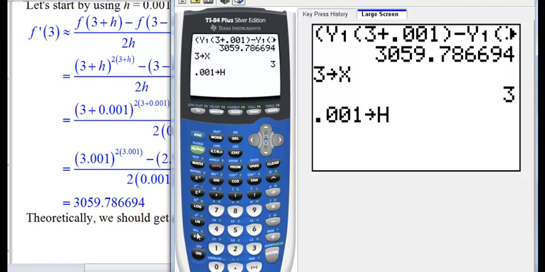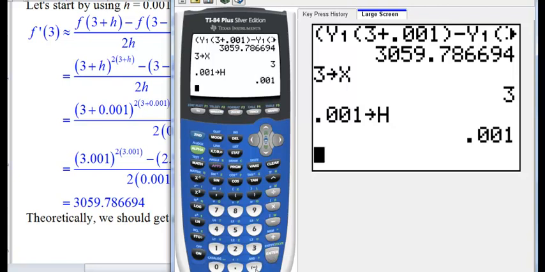Notice the store key is this one right down here, one key above the on key. That gives us the arrow. The h, of course, the letters you have to get by alpha, and then the letters are above the keys in alphabetical order. Except that you can push this button X,T,theta,n, and if you're in function graphing mode, y equals mode, when you hit y1 equals, y2 equals, then that will be a shortcut to x.